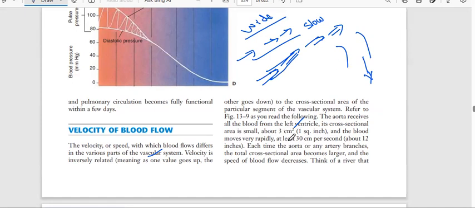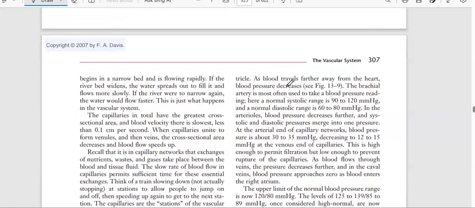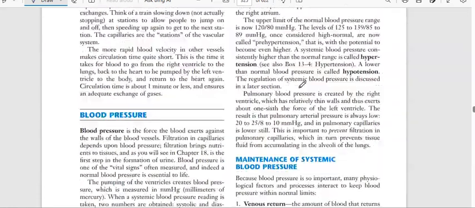The aorta is given as 3 centimeters, 1 square inch. So the blood will pass here very rapidly. This is something we have to remember, because from the aorta only we are receiving blood.